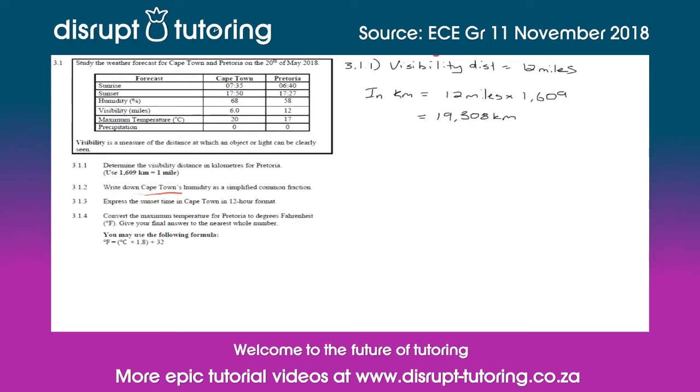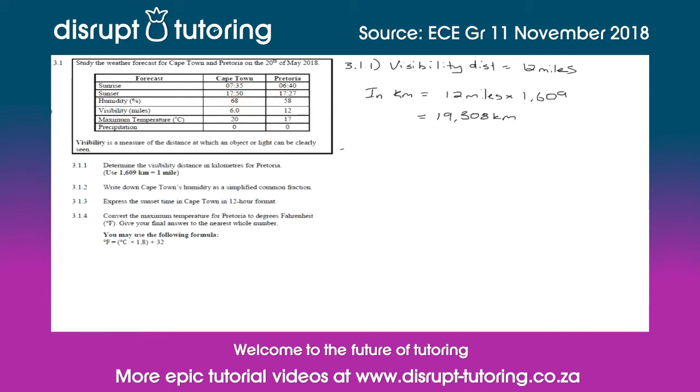Write down Cape Town's humidity as a simplified common fraction. Humidity is a percentage. Remember, percentage means divide by 100, because it's per cent, per century. Century is 100. You ever forget that? For Cape Town, our percentage is 68.